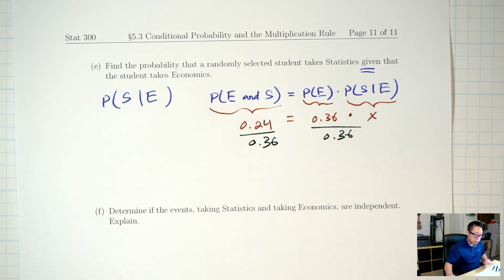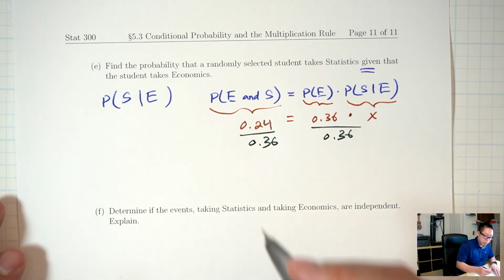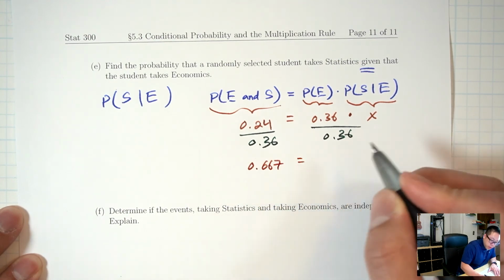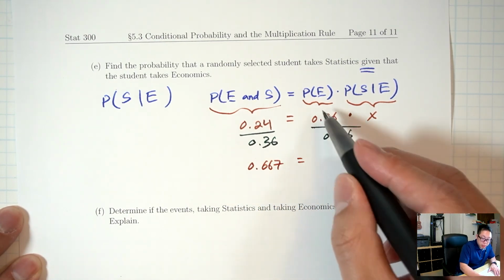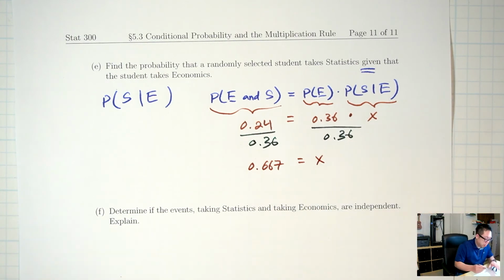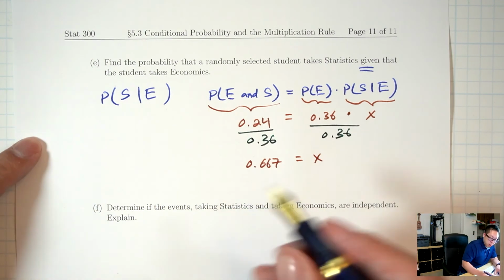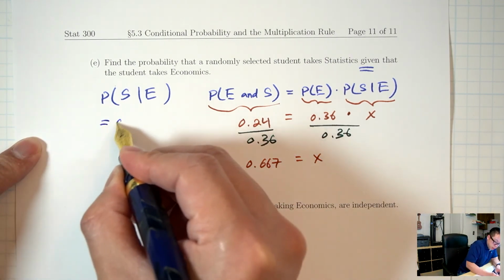Okay, left side, 0.24 divided by 0.36. And then round it to 3 decimal places, that's 0.667. Right side, 0.36 cancels out, and you have just an X, and you're done. So what we're looking for was this probability of S given E, and we found that it was 0.667.